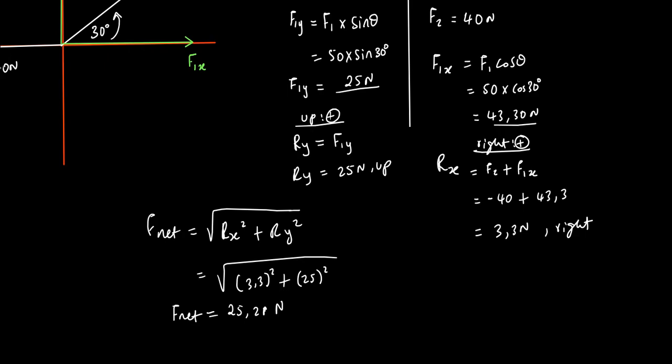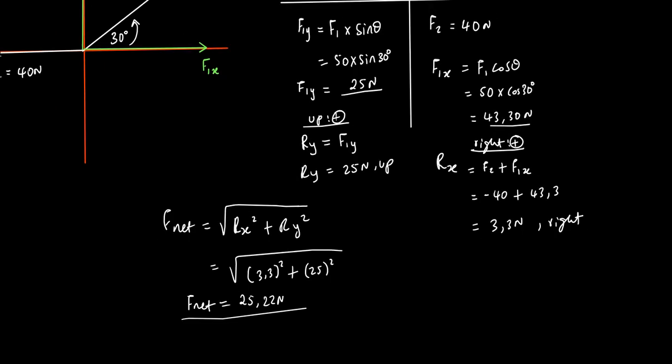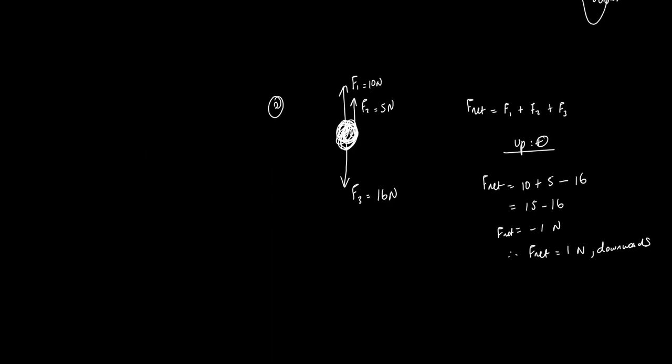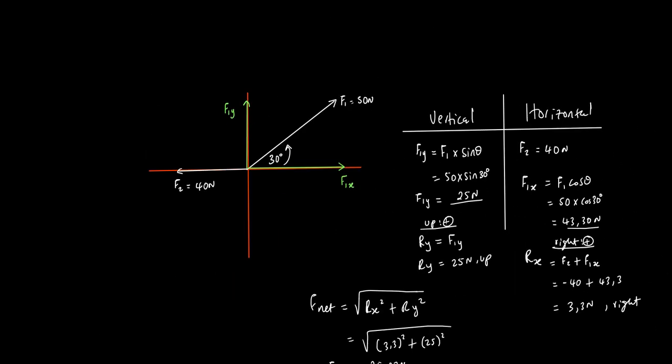Guys, what I did there is how you find F net of any amount of forces. You simply have to resolve each force into its components if it's acting diagonally. For the one that I give you, please write it and send it to me to check whether you understood this, and I'm going to send you the recording.